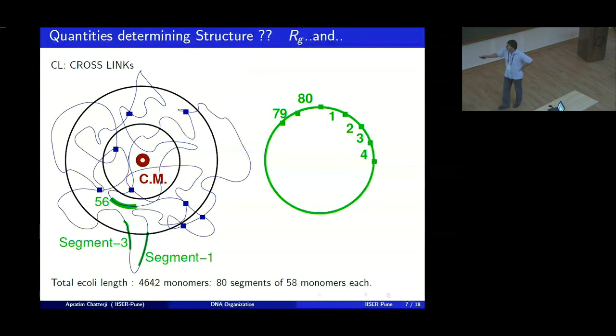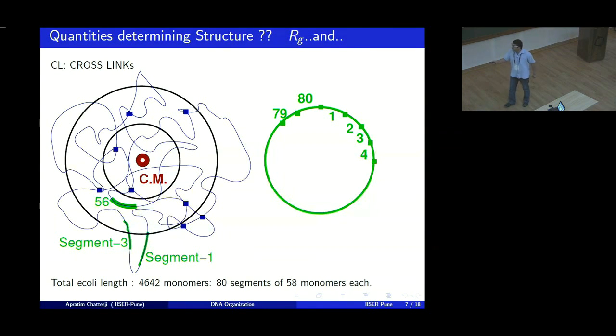So if this is the ring polymer, I can also divide it up into 80 segments, arbitrarily chosen, and ask whether the center of mass of segment number 1, segment number 2, or segment number 3 are found in the interior part, the middle part, or the peripheral part.